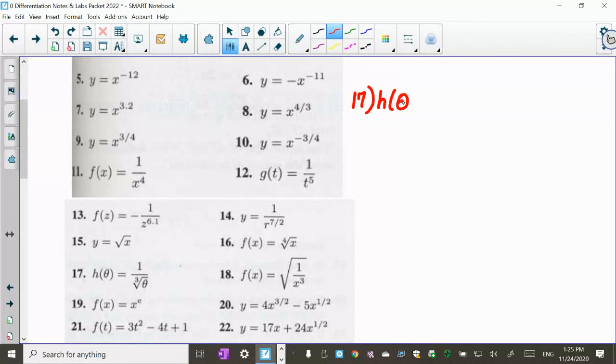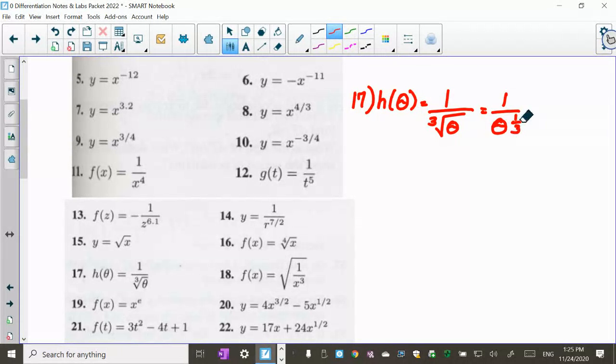I have h of theta equals 1 over the cube root of theta. I look at it and ask, is this in a form where I can actually start doing the derivative? No, I need to have it set up so I can use the power rule. I know this is the same as 1 over theta to the 1/3.